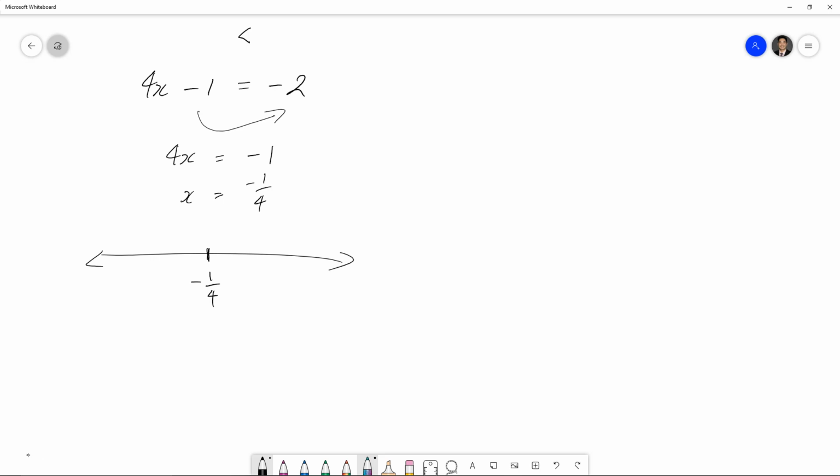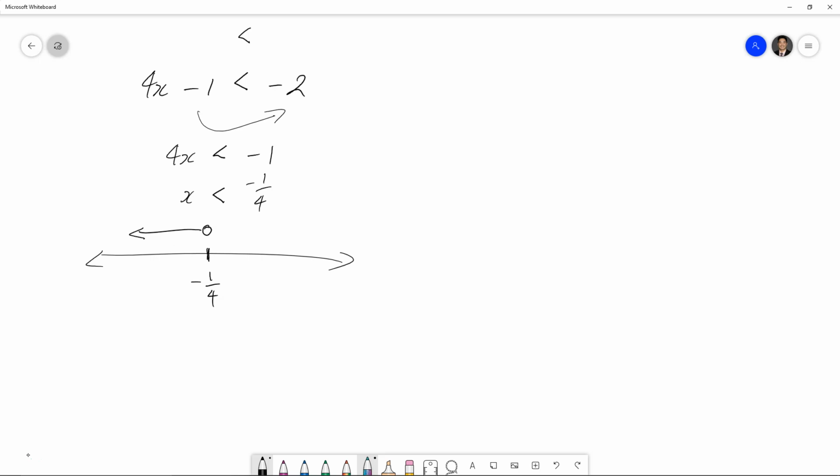But we're not dealing with equations here, we're dealing with inequalities, and they are all less than. So x is all the numbers that are less than negative quarter. It's not including that number, so that's how we would represent that on the number line.